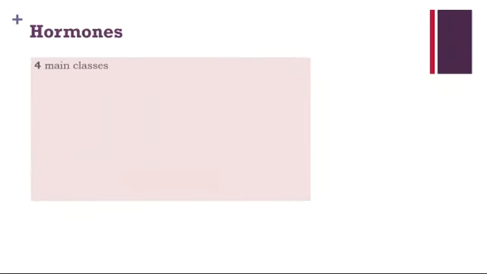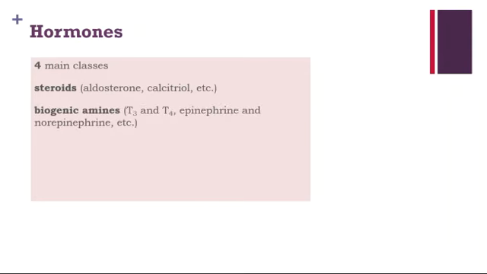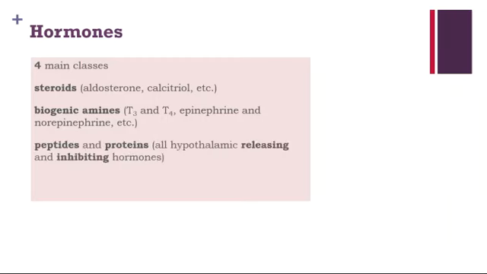There are four main classes of hormones. Steroids, like aldosterone, calcitriol, biogenic amines like T3 and T4, epinephrine or adrenaline and norepinephrine or noradrenaline, peptides and proteins like all hypothalamic releasing and inhibiting hormones, eicosanoids such as prostaglandins and leukotrienes.